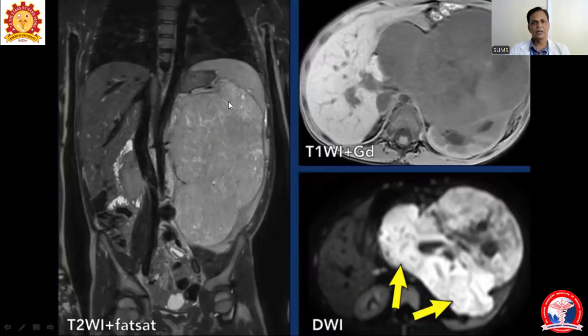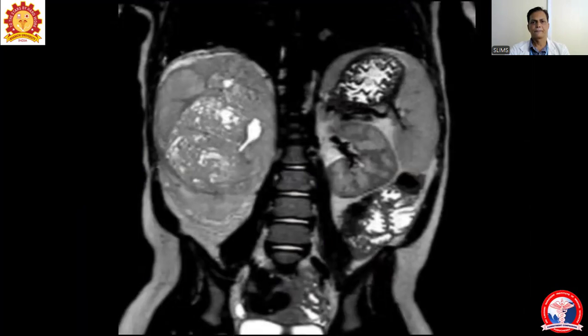Here we are seeing a large lobulated lesion arising from the left kidney. So this is RCC, which is showing diffusion restriction here. Again, another image of RCC.